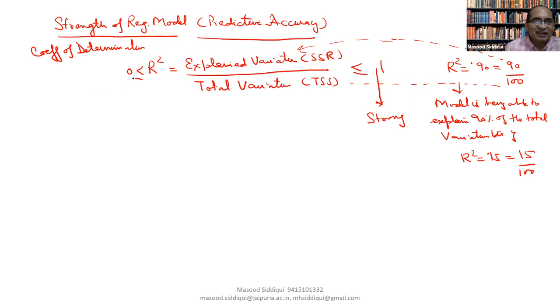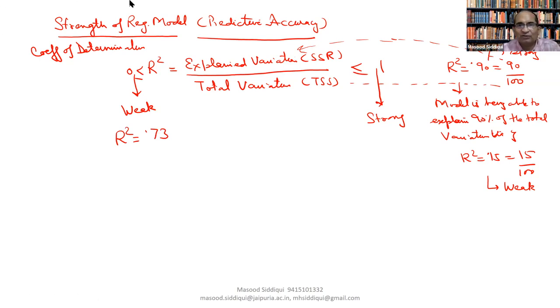So we can say that our model is not so strong. The first gives the impression of a strong, highly accurate model, and this gives the impression of a weak or not so accurate model. So if values of R square are near to 0, then we have a weak model.